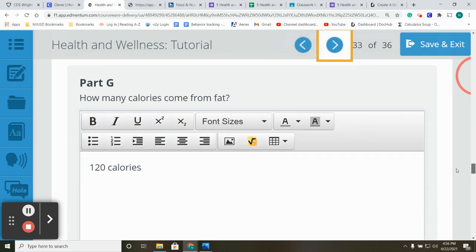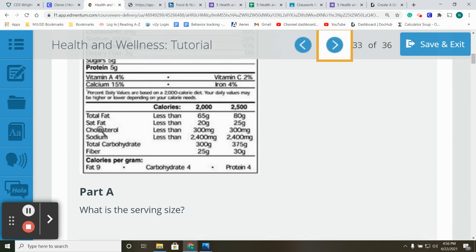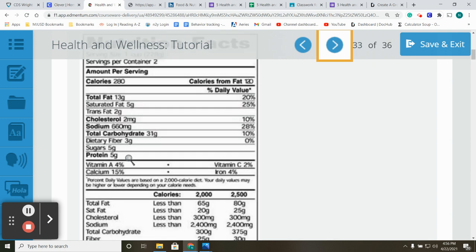How many calories from fat? So total fat less than 65 grams, 80 grams. So calories 280, calories from fat 120.